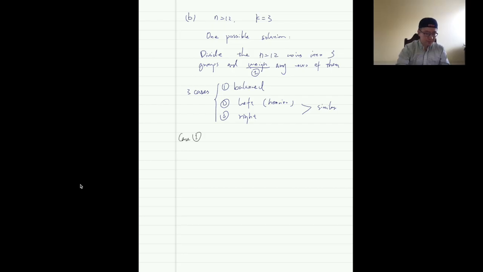If they're balanced. Okay, so first case is that if they're balanced, let's see what are the possibilities, right? So if they're balanced, what do we mean by that, right? If they're balanced, we can conclude that there's no counterfeit coin within these 8 coins, right? There might be one in the third group, or there might not be, right? Because we don't know whether there's a counterfeit coin at all, right?